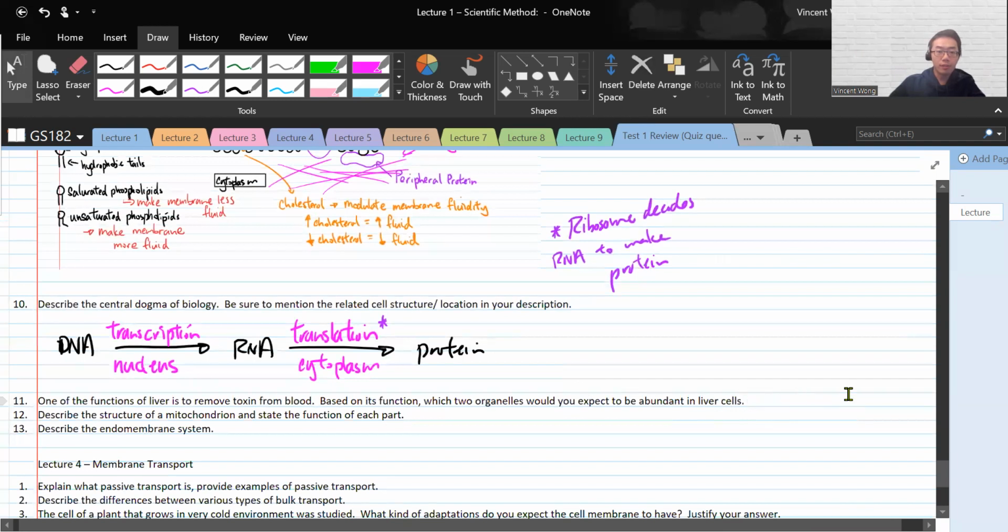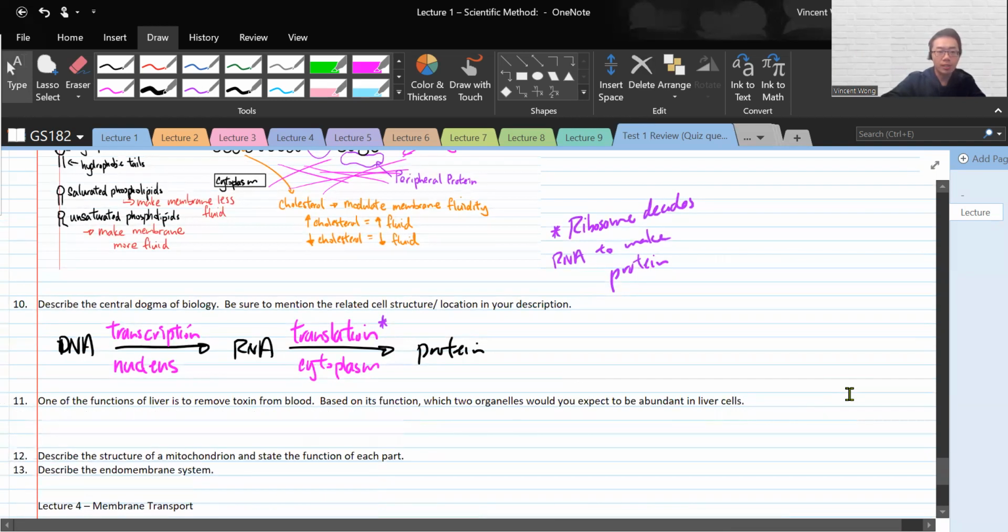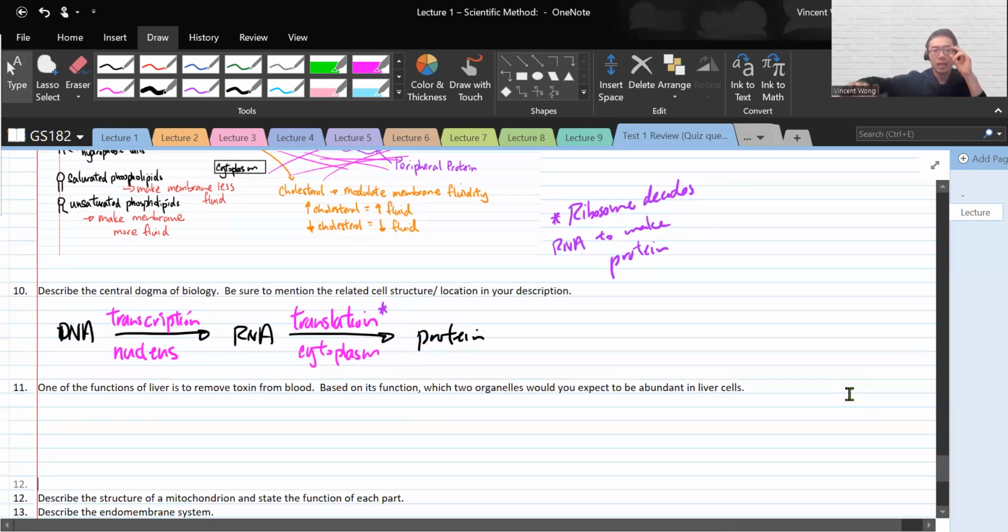One of the functions of liver is to remove toxin from blood. Based on this function, which two organelles would you expect to be abundant in liver cells? So, detoxification. There are a bunch that would play a role in detoxification, like the lysosome.